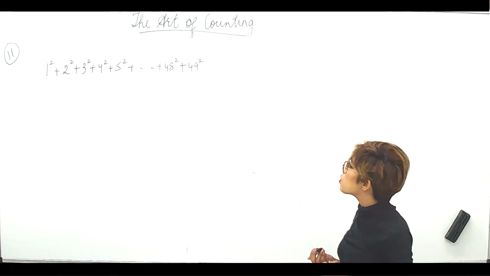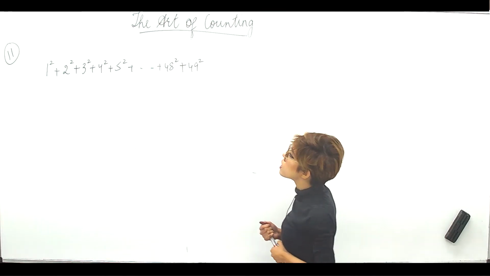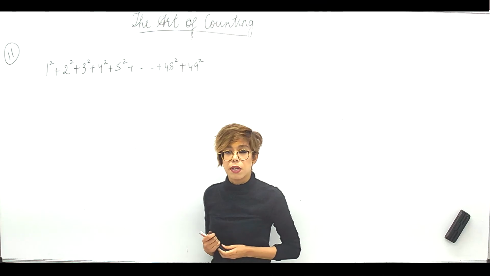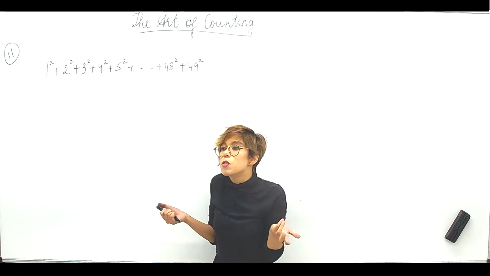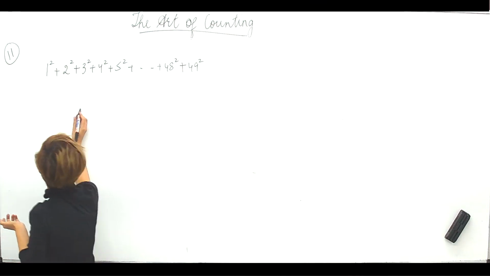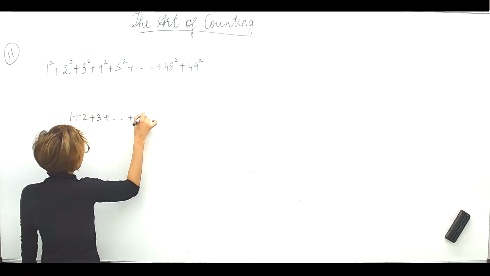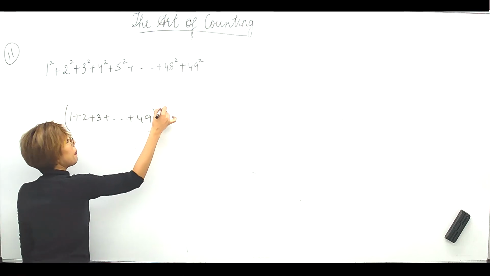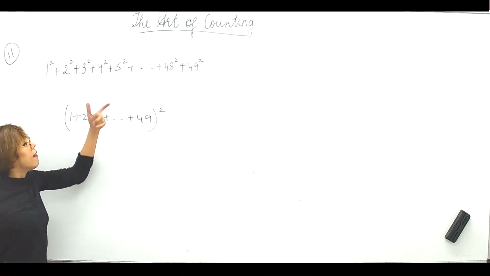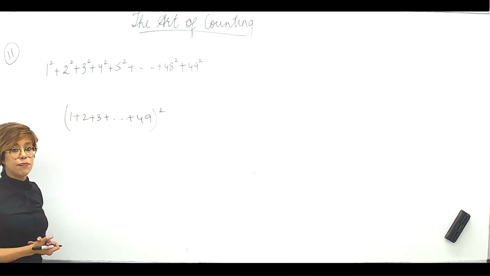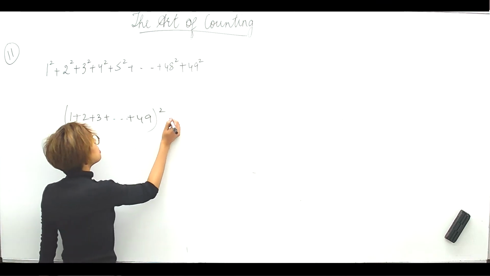Right? Now the square quantities are 1 square plus 2 square plus 3 square. So the first thing that comes to my mind, obviously this term will come in (1 plus 2 plus 3 plus so on plus 49) whole square. Right? This quantity will definitely come from 1. But there will be some additional quantity as well.